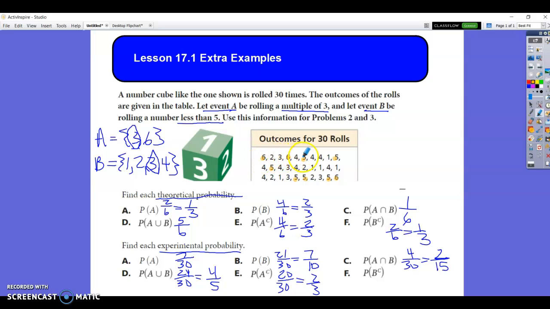So that's 1, 2, 3, 4, 5, 6, 7, 8, 9. So that's 9 out of 30. Both of those are multiples of 3. 3 goes into 9 3 times. 3 goes into 30 10 times.